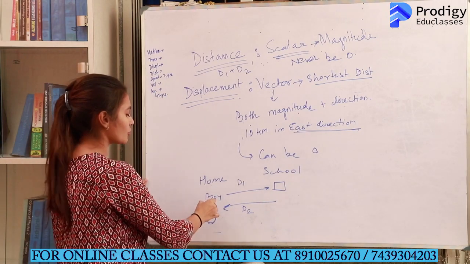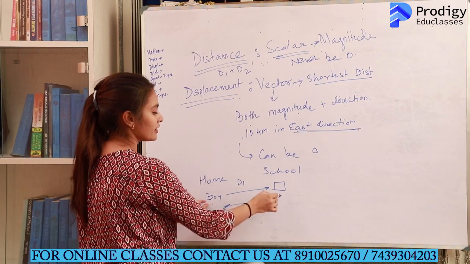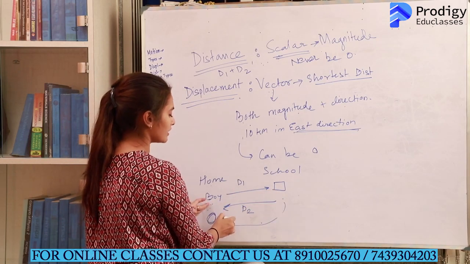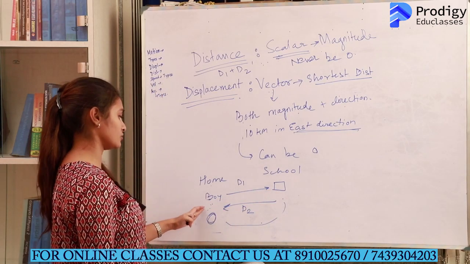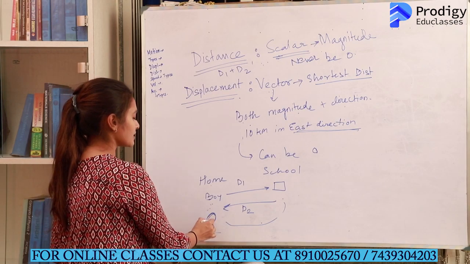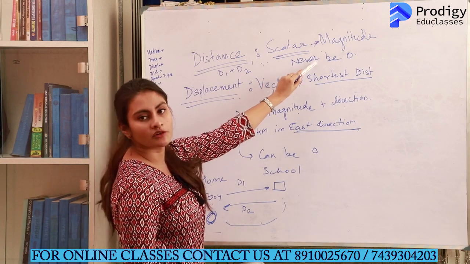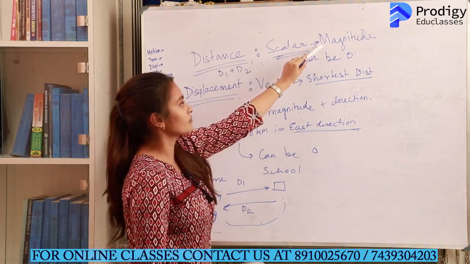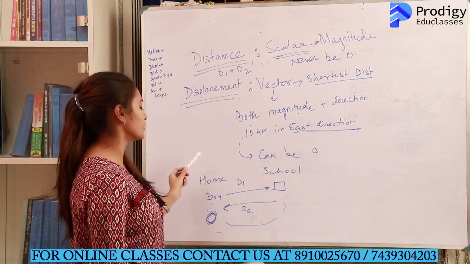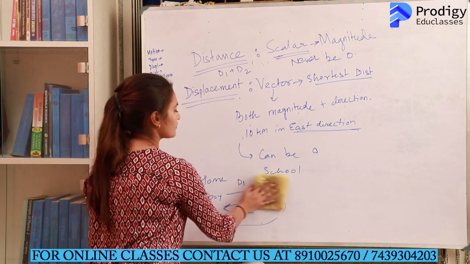Why 0? Because the boy has started from an initial point, he has reached a final point, and again he has come back to the initial point. So in this case, the displacement is 0. As I said before, distance can never be 0. It always has to have some certain magnitude, but displacement can be 0.